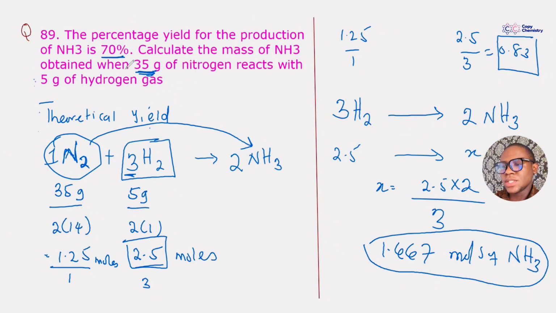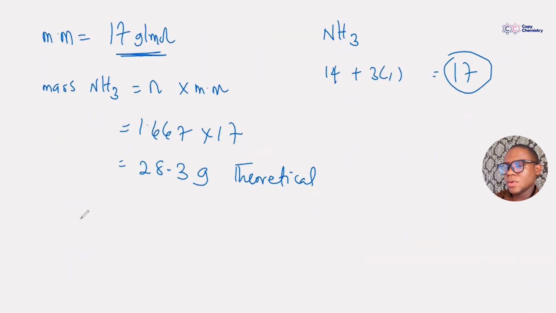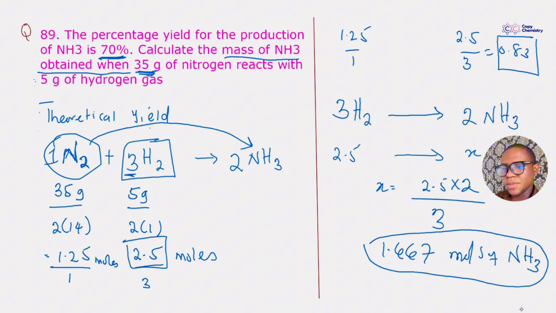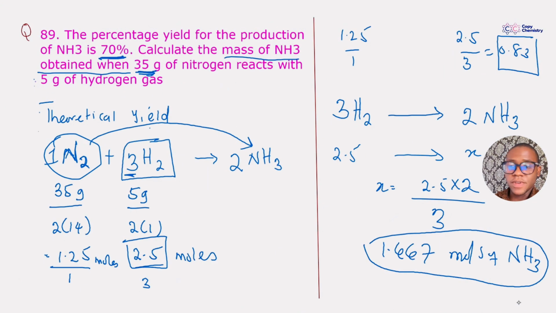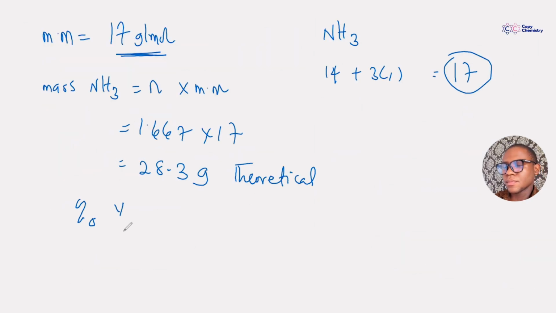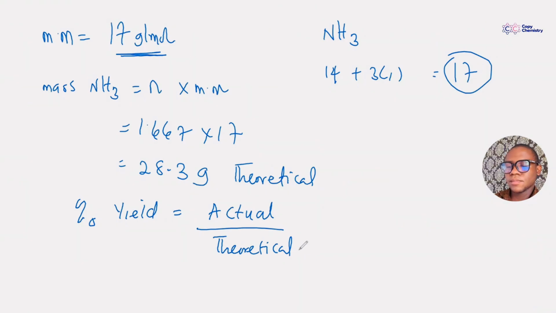We have the percentage yield. We can therefore calculate the mass of ammonia obtained, which is the actual yield. So our percentage yield is 70%. But we know that percentage yield is actual yield over theoretical yield, times 100%.